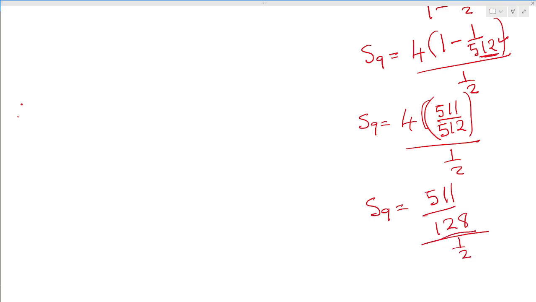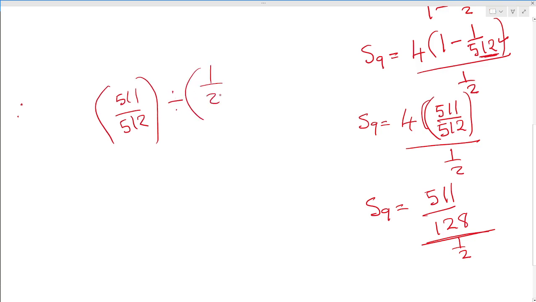So this long line here denotes division. Okay, so it's this fraction divided by that fraction. The easiest way you can do this on your calculator is to say open bracket 511 over 512, then you close the bracket, divided by 1 over 2. That's how you're going to punch in these values.